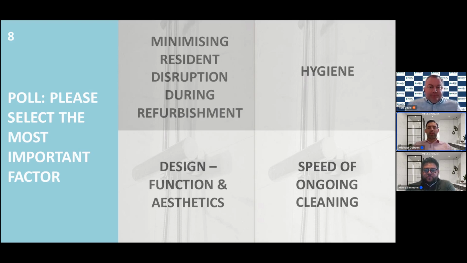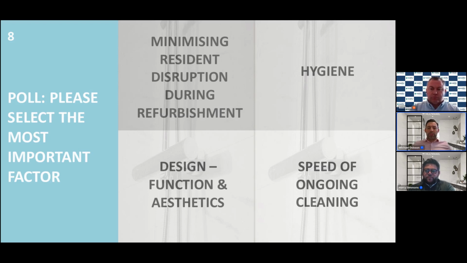So at this point, I just want to pause and gain a bit of input and insight from everybody that's kindly joined the webinar today, and just ask you to complete a poll. So down on the bottom right of your screen, you'll see there's a poll section, and we'd just like you to rank what you see for your residents, or what you perceive as the most important factor in specification of care home bathrooms, considering the needs of the resident.